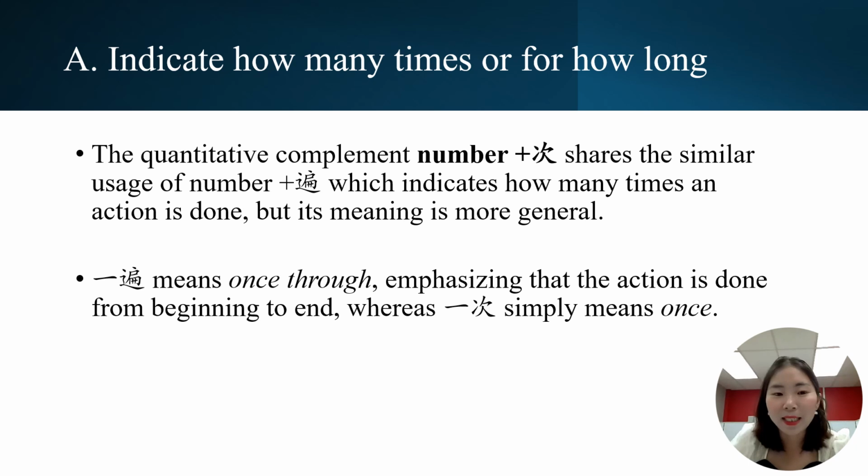The quantitative complement number plus 次 shares a similar usage with number plus 遍, which indicates how many times an action is done, but its meaning is more general. 一遍 means once through, emphasizing the action is done from beginning to end, whereas 一次 simply means once.